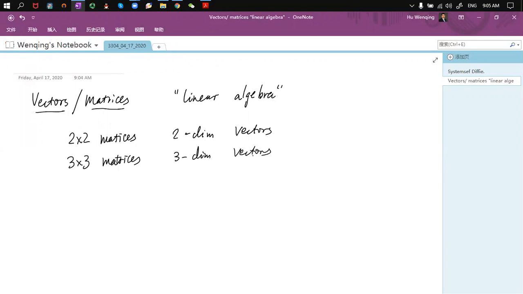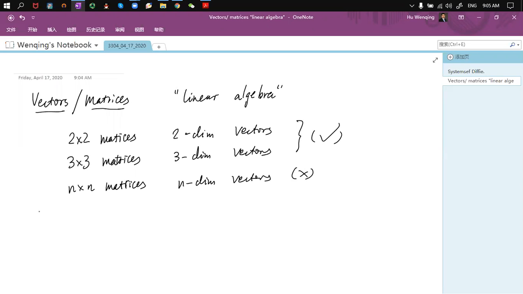These are the worst case scenarios you will be asked to consider within these lectures. Of course you can consider n by n matrices or n-dimensional vectors, but this is not considered within this class. The only things you need to consider are either 2 by 2 matrices or two-dimensional vectors, or 3 by 3 matrices or three-dimensional vectors.